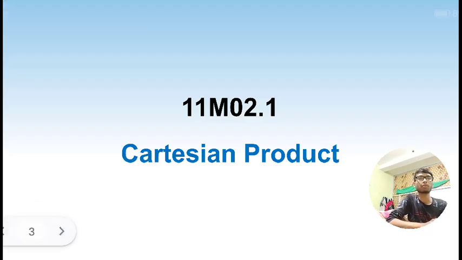It will be necessary to understand the Cartesian product, so that we can understand a relation. After understanding a relation, we will learn about the function. So here we are going to start with the Cartesian product. This is the basic of the first lecture.